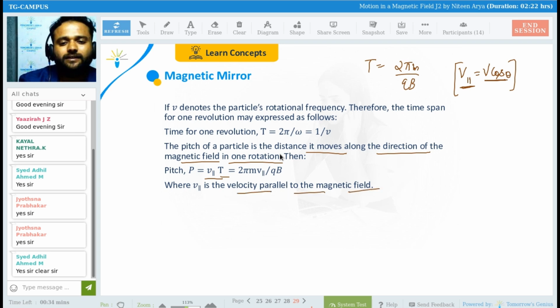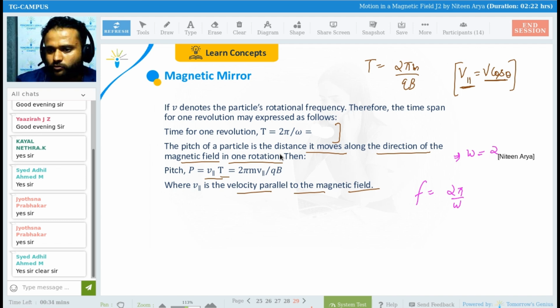T is 2 pi by omega, 1 by frequency. This is frequency, not v. Don't confuse yourself, because omega equals 2 pi f.